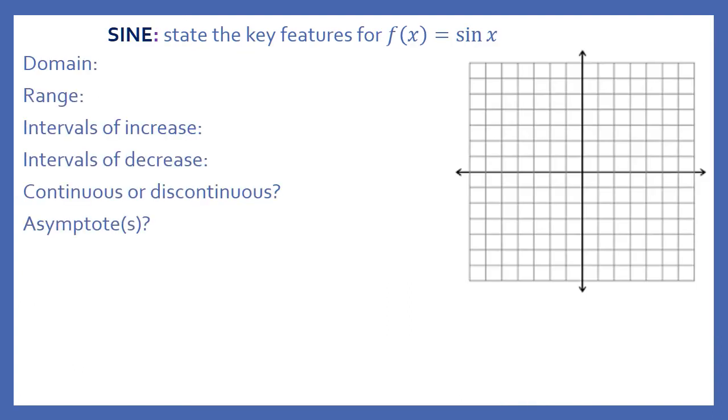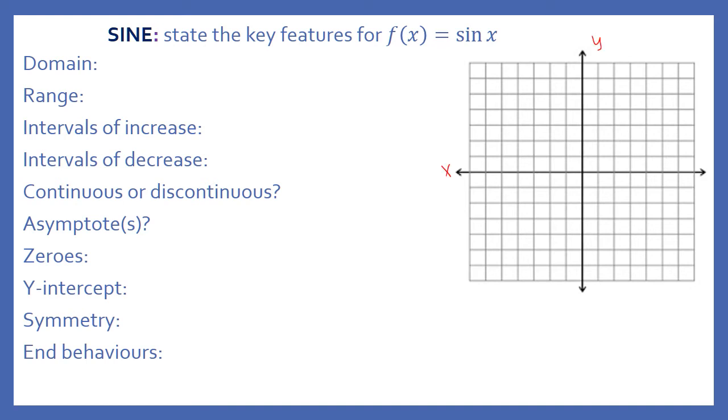Now into trig, sine. And we're only going to do sine because cosine is really just a shifted sine graph, or vice versa. So for sine, x and y, and come up with some points.